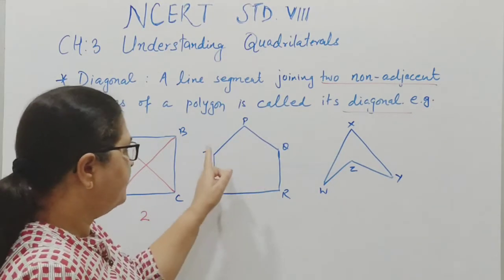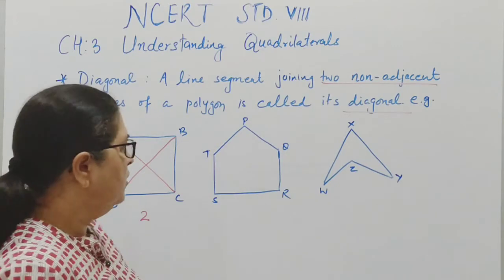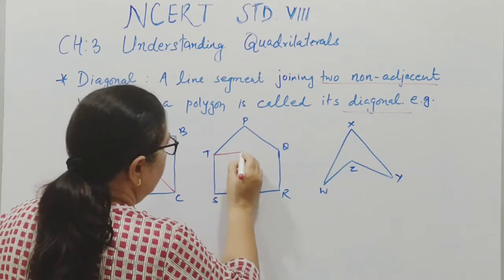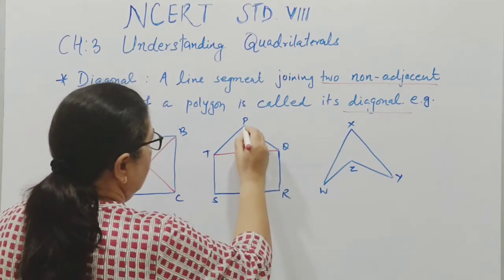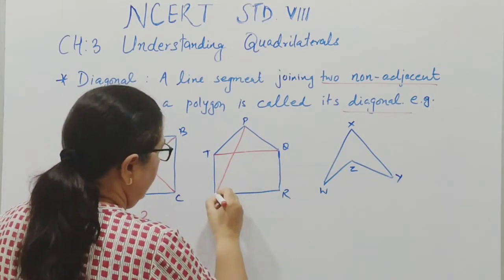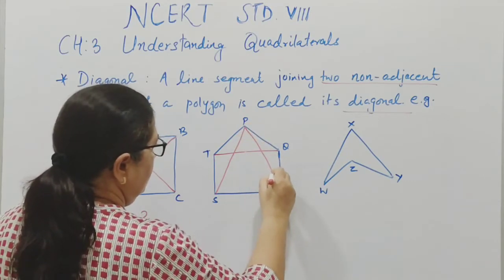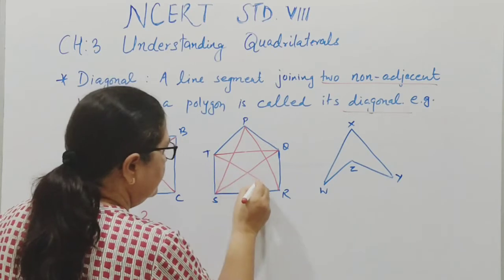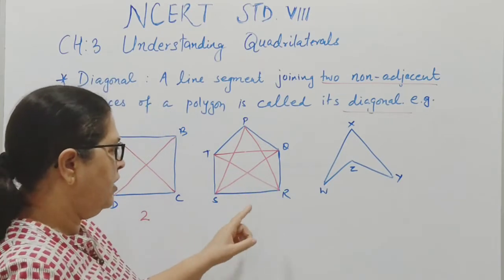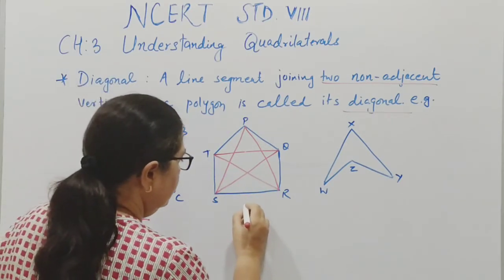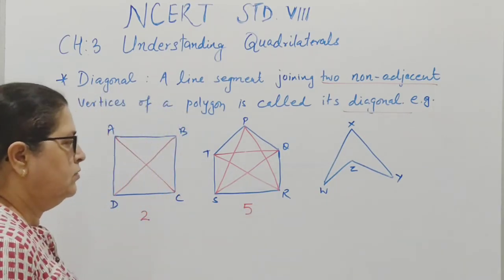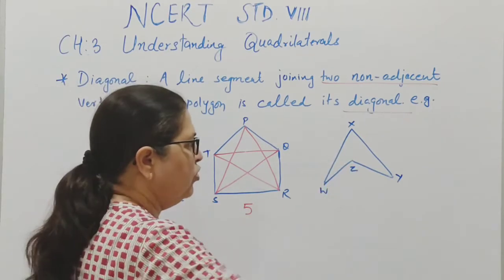Next, PQRST is a pentagon. So we get 5 diagonals in a pentagon by joining non-adjacent vertices. Next, one more figure is there.